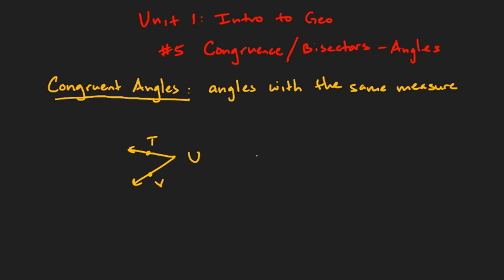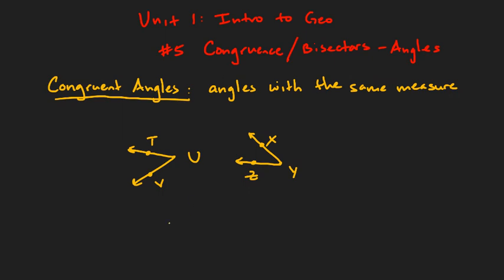And then I'll draw another angle over here. Let's give the vertex a Y. Let's draw a ray YX going up this way, and we'll draw a ray YZ going that way. So again, I have two acute angles.